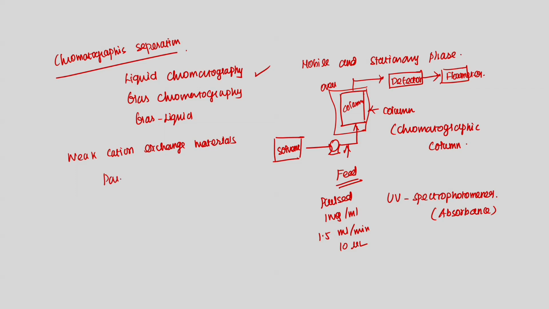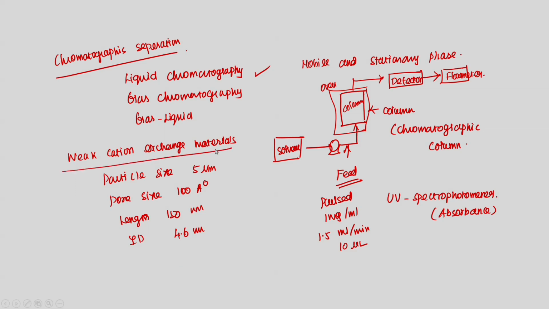The particle size is about 5 micron, the pore size is about 100 angstrom, the length is about 150 mm, and the ID is around 4.6 mm. So, this is the typical material used in the column.